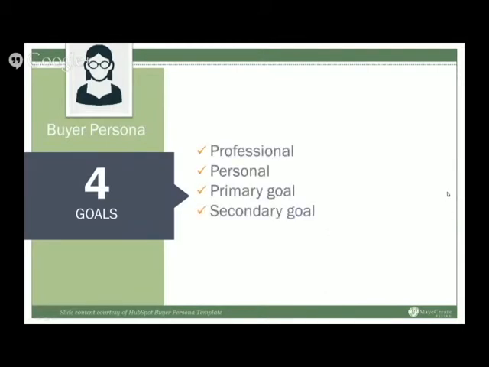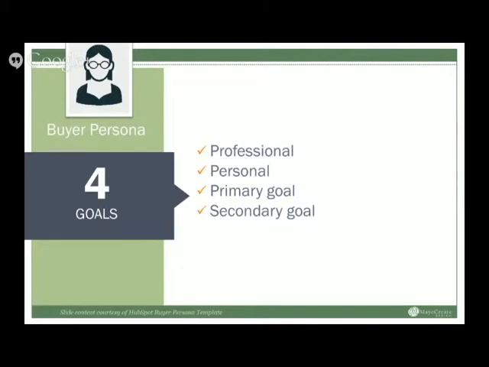Think a little bit about their goals. What are their professional and personal goals, and how can you help them reach them? So maybe their goal is to have a healthier lifestyle. Maybe their goal is to grow their business. Those are really important that we understand them. Now, maybe it's a little bit deeper.